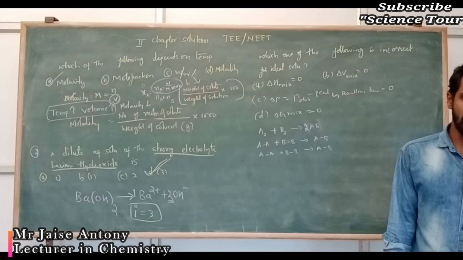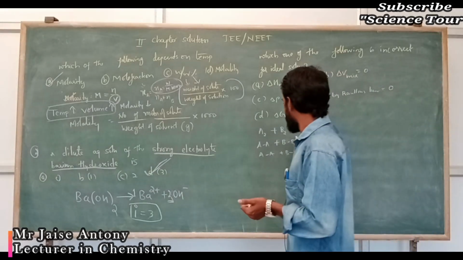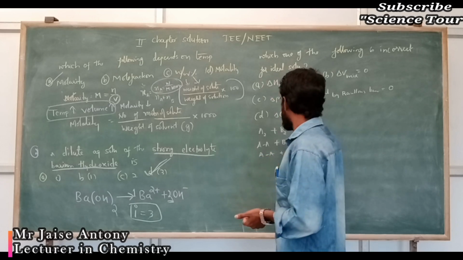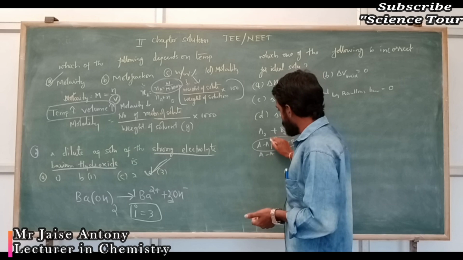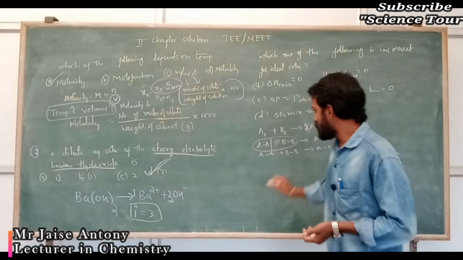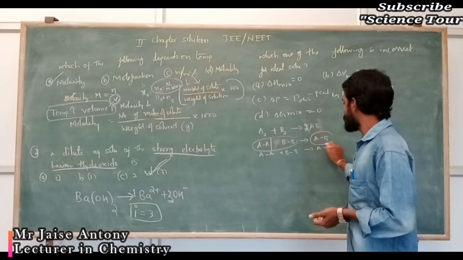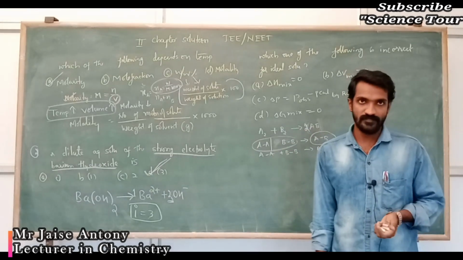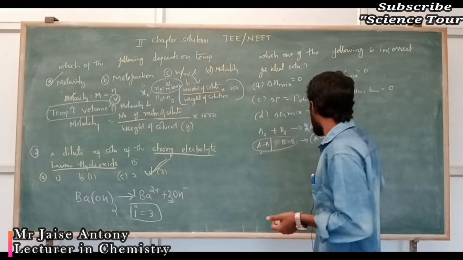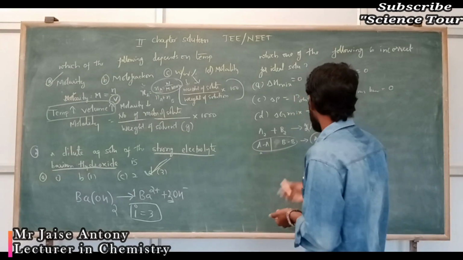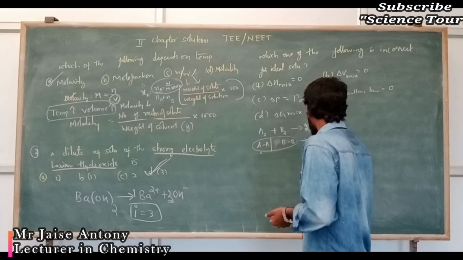So in an ideal solution, before mixing these components, the force of attraction between AA and BB is the same as after mixing, AB. Here there are 2 molecules of AB.